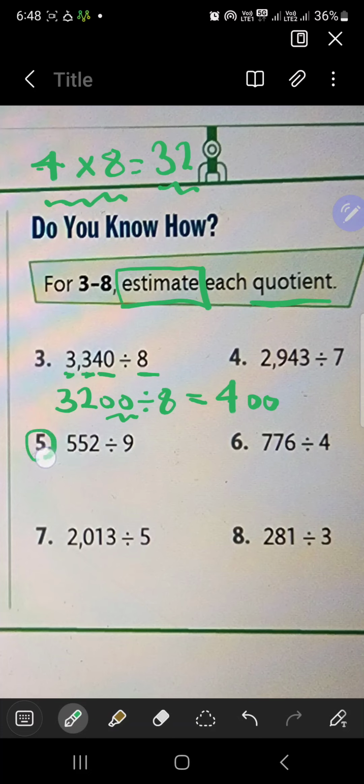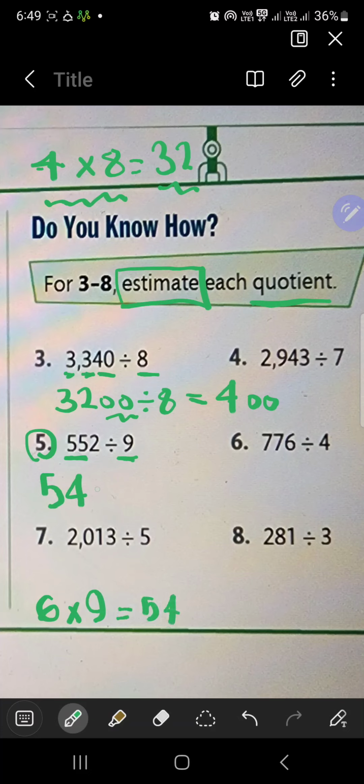Let's see another example here, 5. Here we see 552. Well, let's see the beginning from the left, 55. 55 is not in the timetable of 9. So we can go forward or we go backward. The first thing that lights in your mind is 54, because 54 is in the timetable of 9, and we all know that 6 times 9 equals 54.